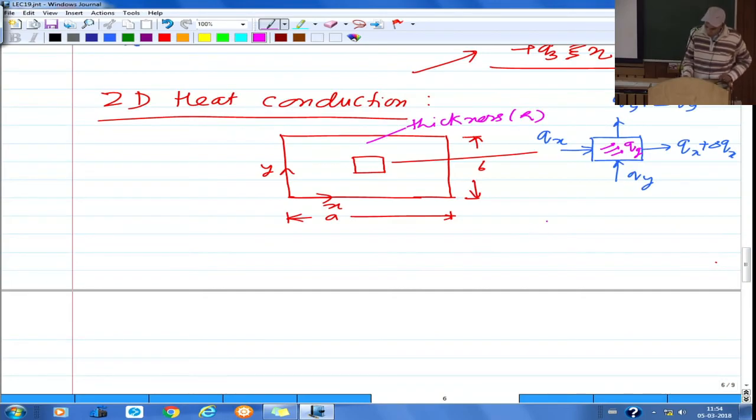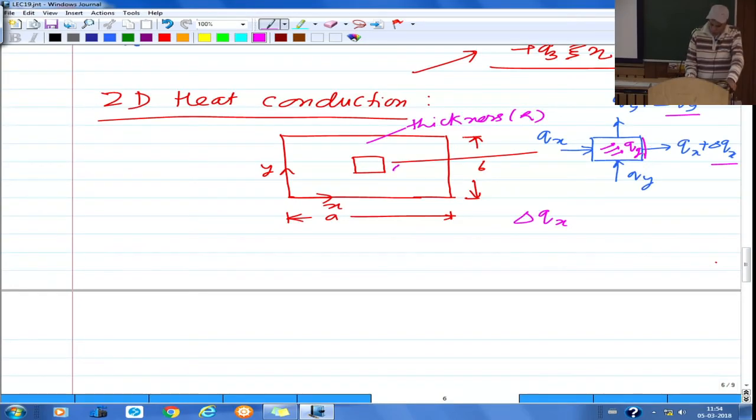Now if I write the energy balance, you see that this Qx is the heat per unit area which is entering into this volume, and this is the heat which is leaving. So the energy leaving out is going to be delta Qx into this edge area.